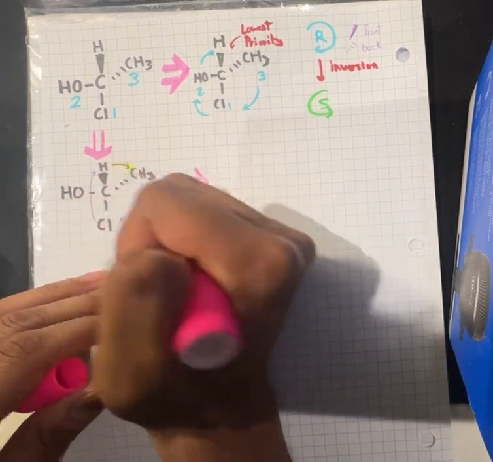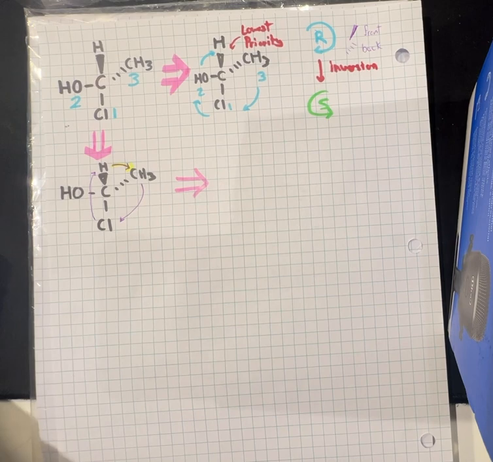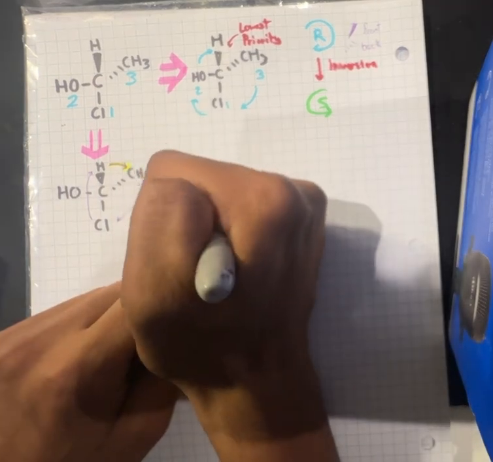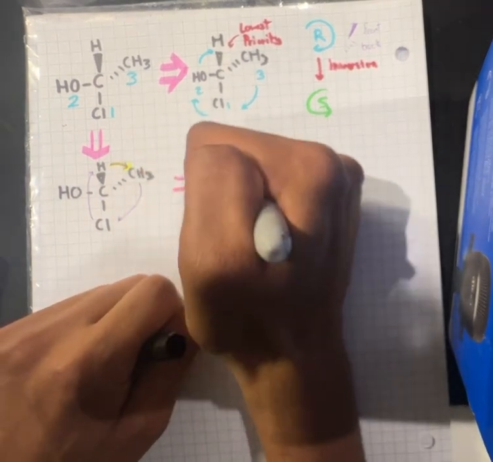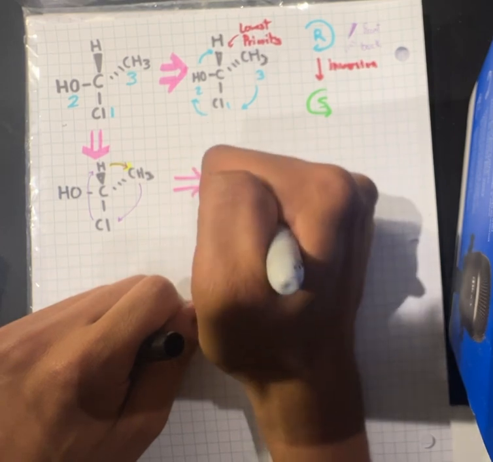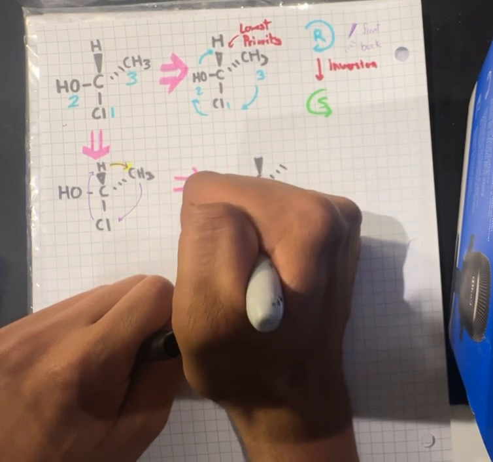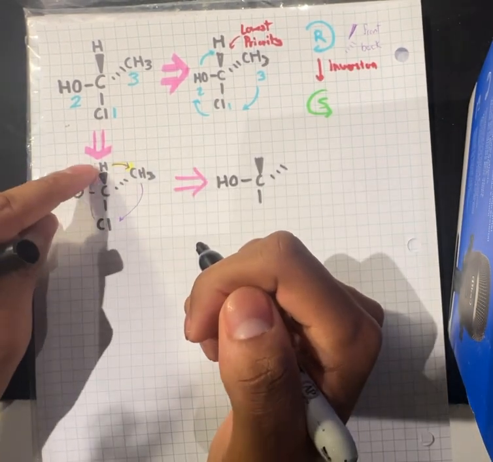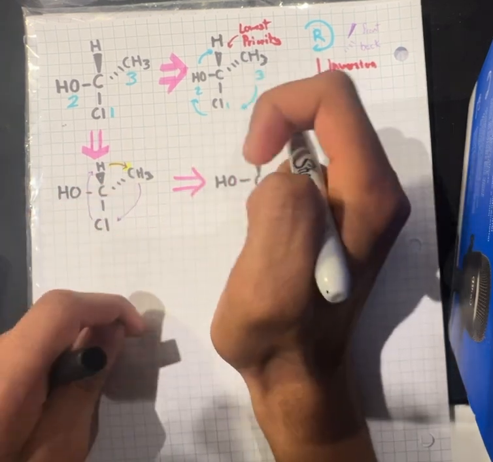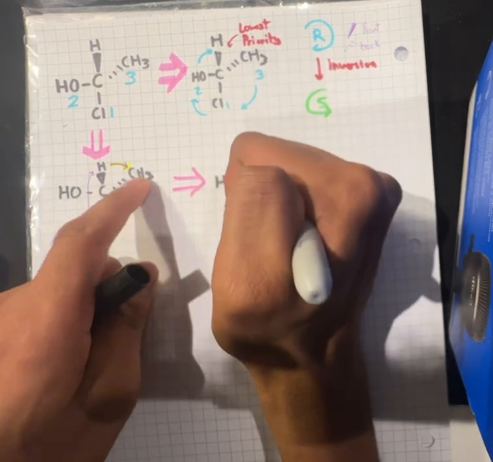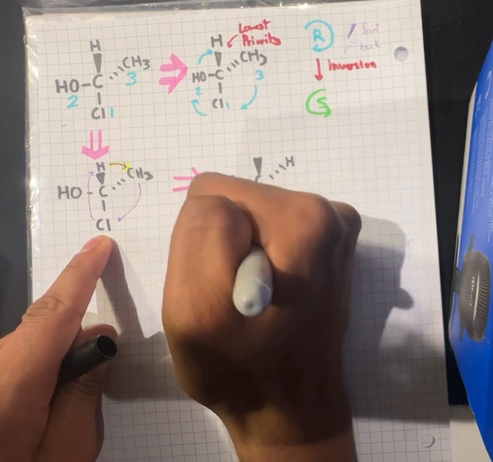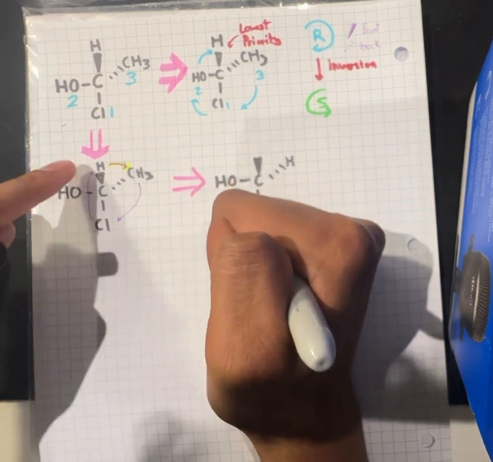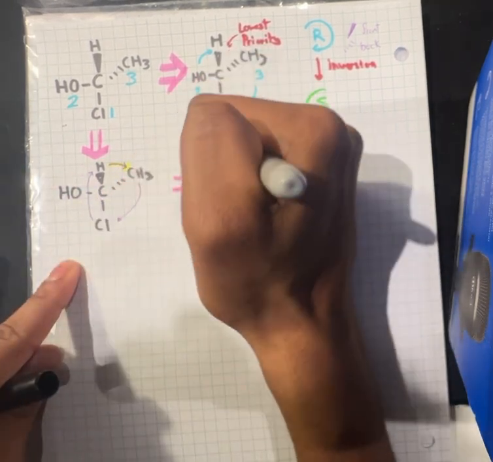As a result, we would get a molecule that looks like this. So remember, hydrogen moved to the back on the dash, methyl moved to in the plane, and the chlorine moved to the front.